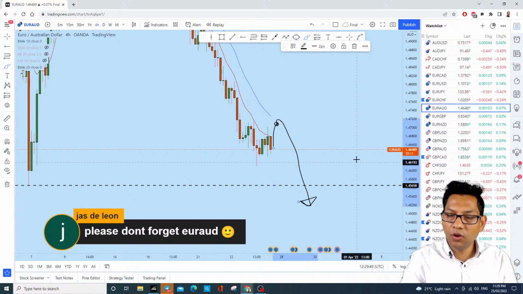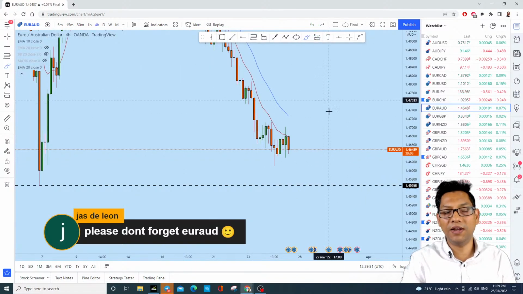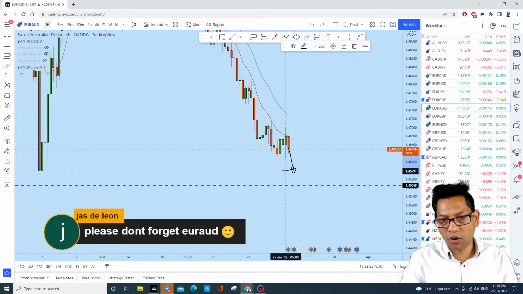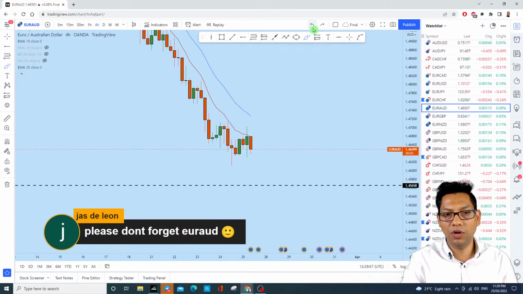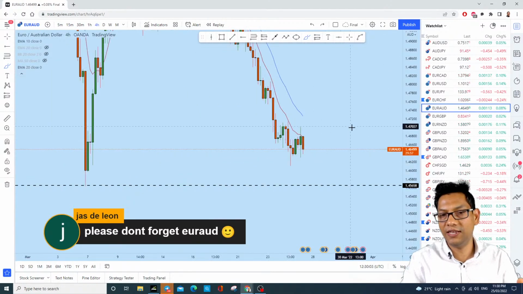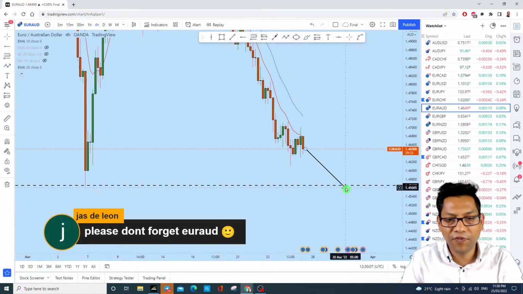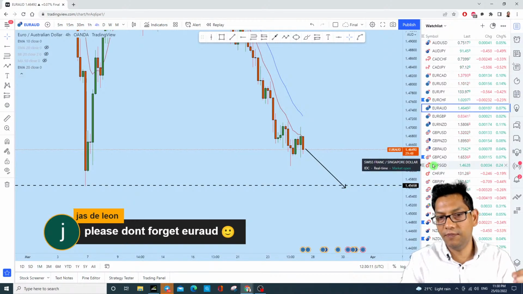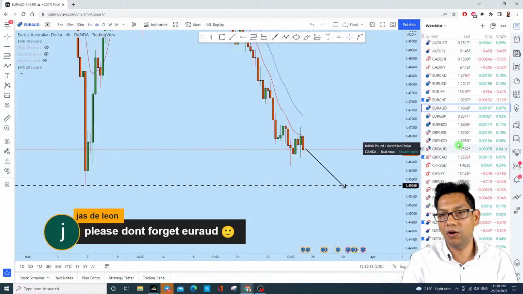So Euro AUD is bearish, but still this one is not a strong bearish engulfer. A strong bearish engulfer is better than anything else. So Euro AUD is bearish. Let's see how it creates a pattern. If I trade, I will definitely upload an analysis on YouTube in the new trading week. Let's see how it happens.